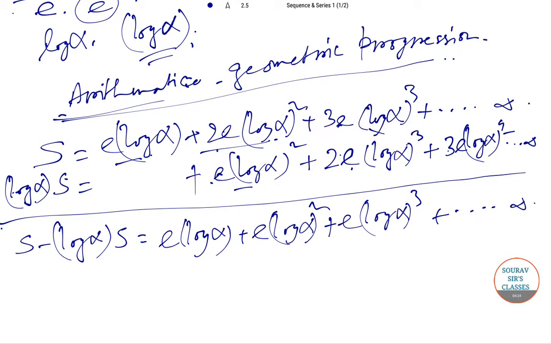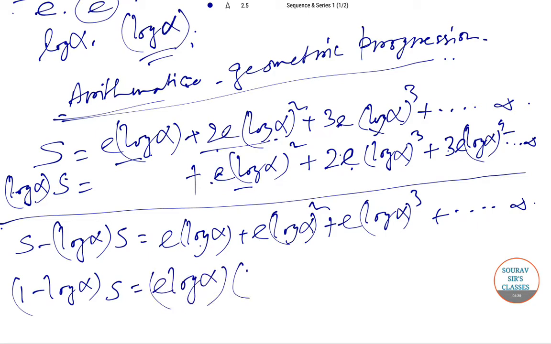Now you can write it as 1 minus log alpha into S. Here e log alpha is taken as common, so it is 1 plus log alpha plus log alpha whole square, and this way it goes on.